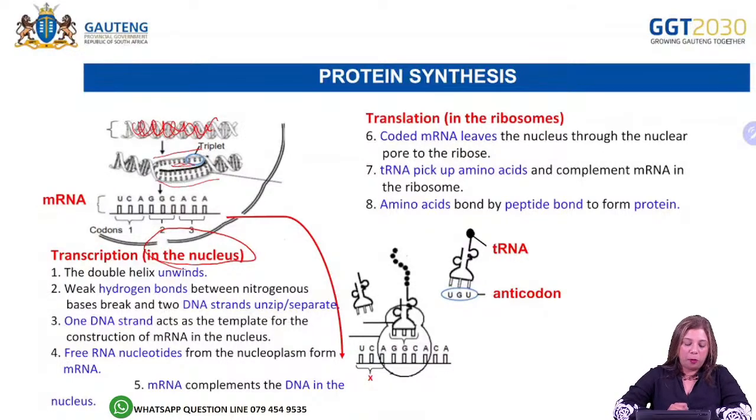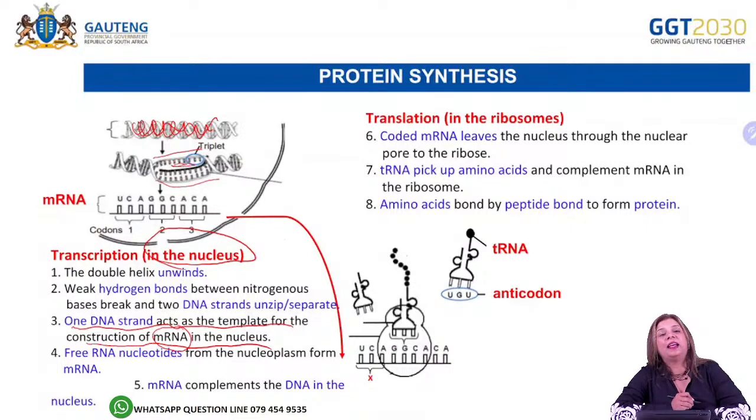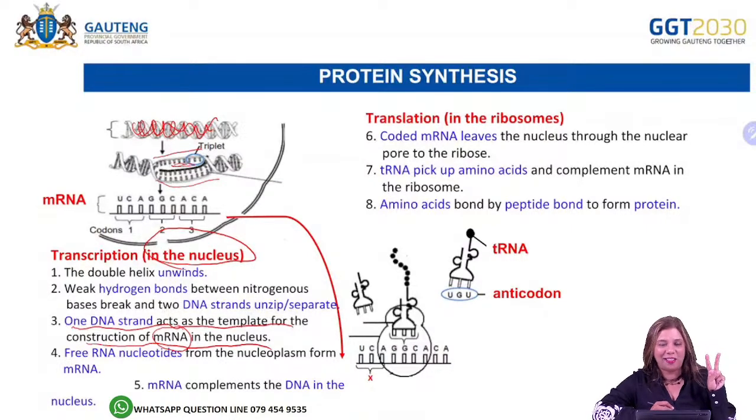Now, if you look at point number 3, one DNA strand acts as a template for the construction of messenger RNA in the nucleus. One DNA strand. Already there's a difference because for DNA replication, we have two DNA strands that act as templates. Here we just have one.